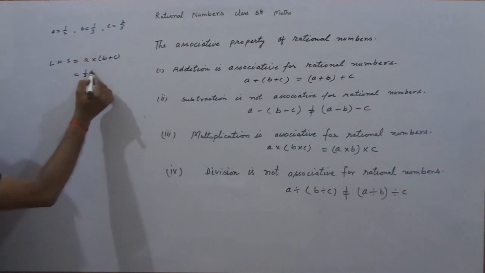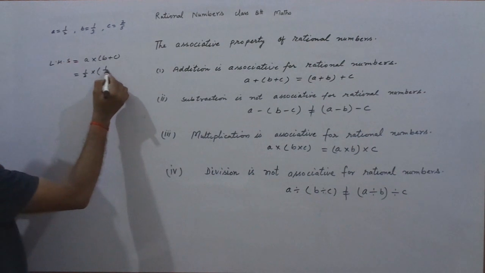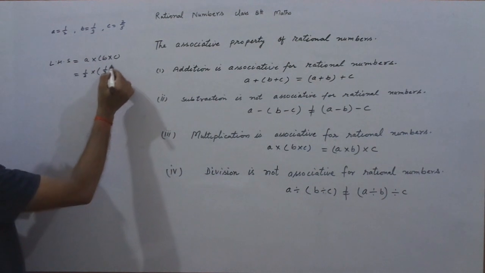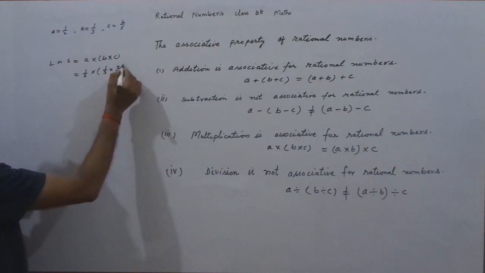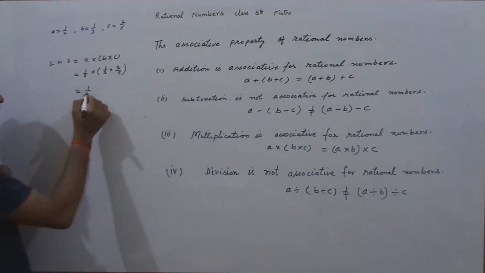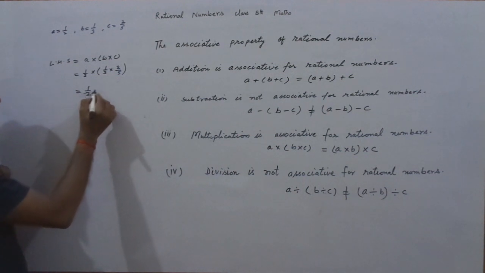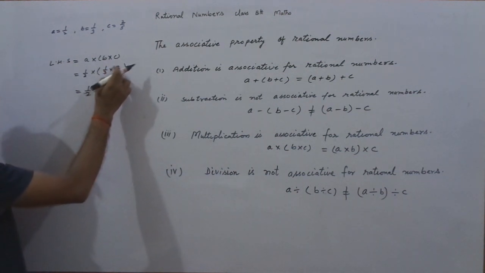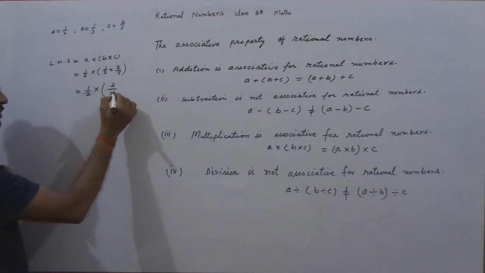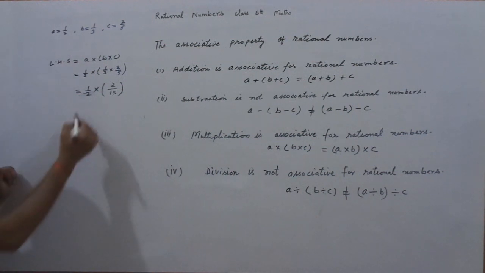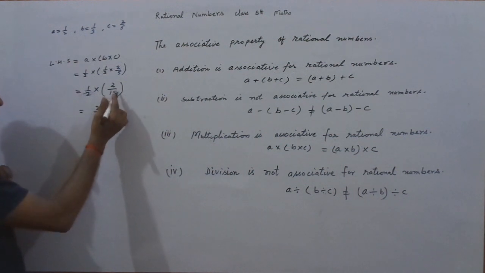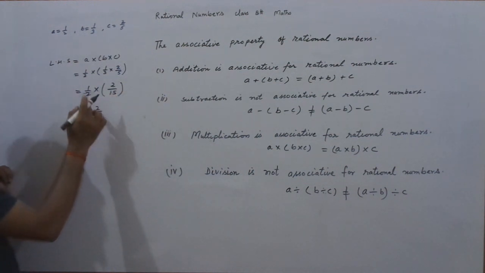On putting the values of a and b and c. On multiplying 1 upon 3 and 2 upon 5, we get 2 times 1 is 2 and 3 times 5 is 15. So 2 upon 15. On multiplying 2 by 1, we get 2, and in the denominator we get 15 times 2 is 30.